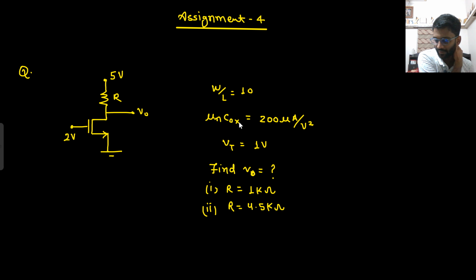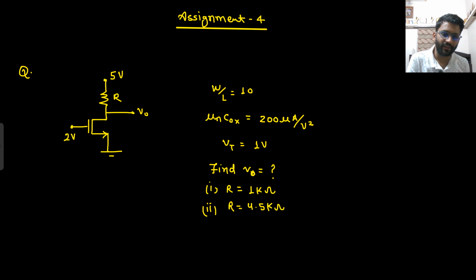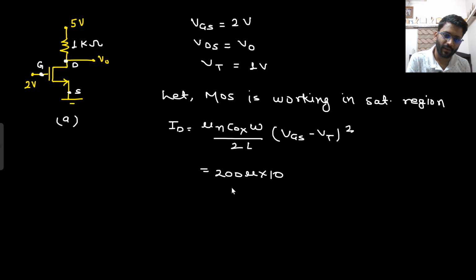Mu n Cox W by L is 2 milli actually. Okay, I will write down one by one. Mu n Cox is 200 micro, into W by L is 10, by 2. Always write down this micro, milli, kilo. When you are solving MOS problems, always write it down along with the value.